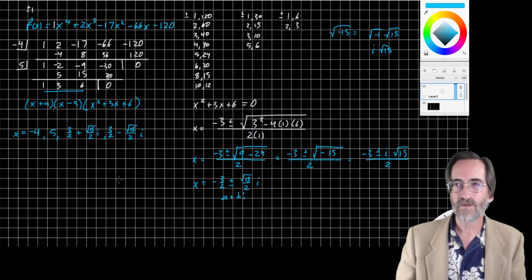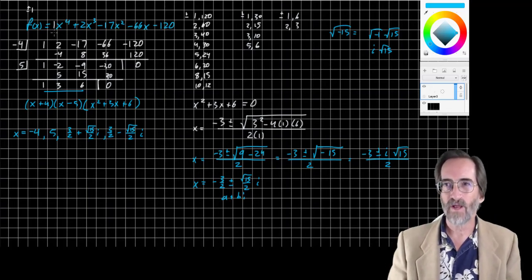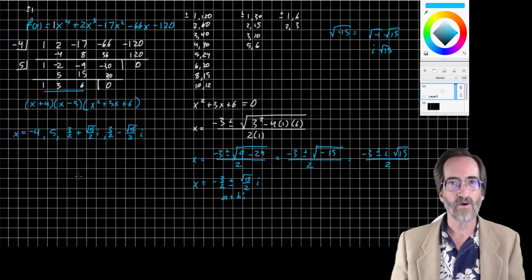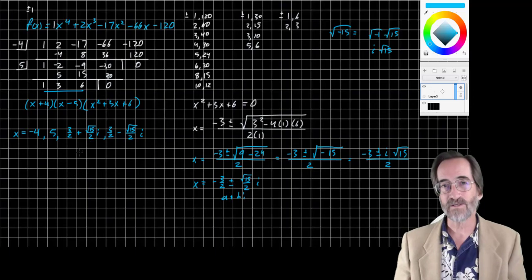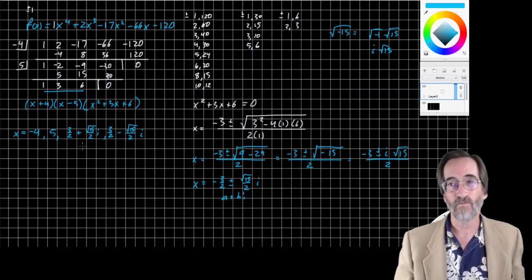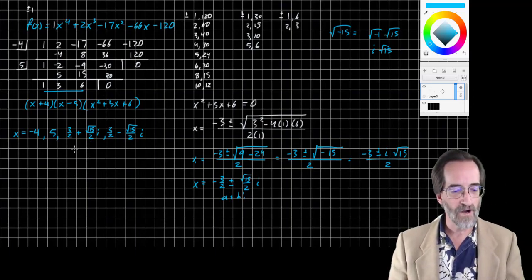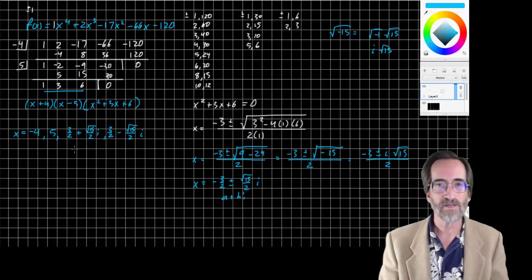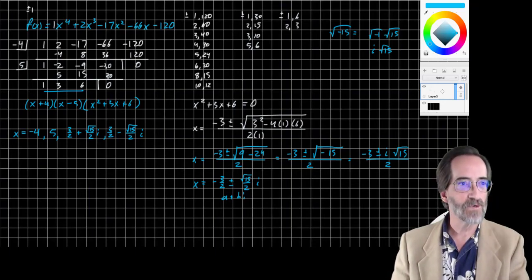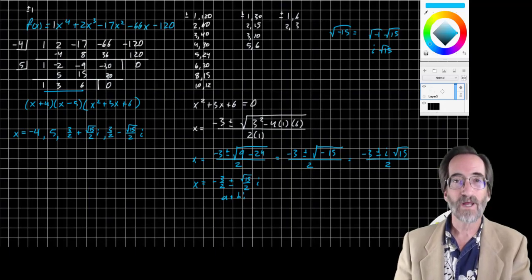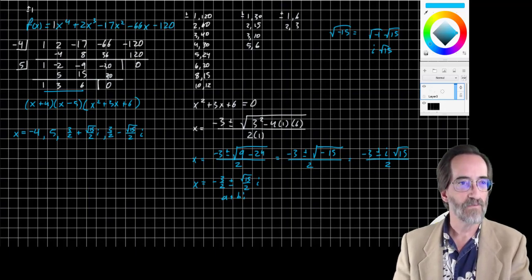And this meets the requirement that a fourth order polynomial has 4 possible zeros. If you allow for complex zeros, it will always have 4. And if you allow for double roots being counted twice. All right, so that's the approach that we use for finding complex roots of a polynomial function.